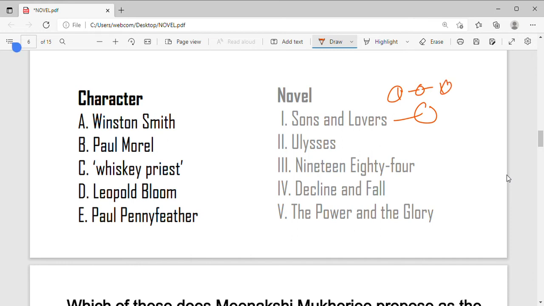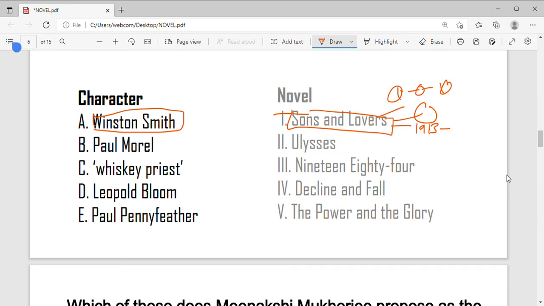So Winston Smith is a character. Here we have the novels. Sons and Lovers, the very first novel we have, which came up with the Oedipus complex theme. Right, after it was invented by Sigmund Freud, even though that theme existed before that, used in Greek drama, we know that. So Sons and Lovers is a novel published in 1913 by D.H. Lawrence.